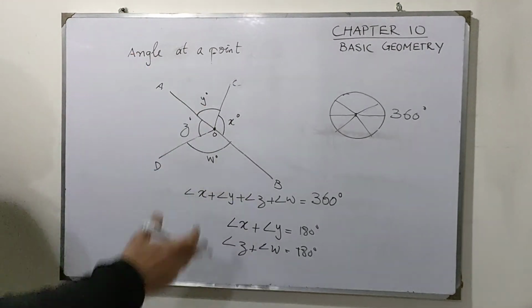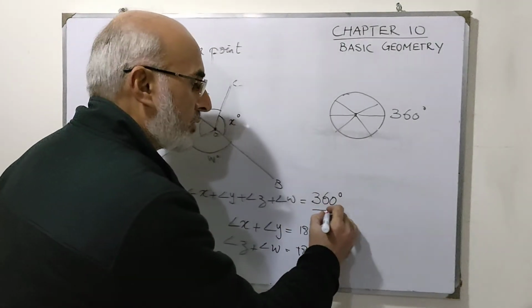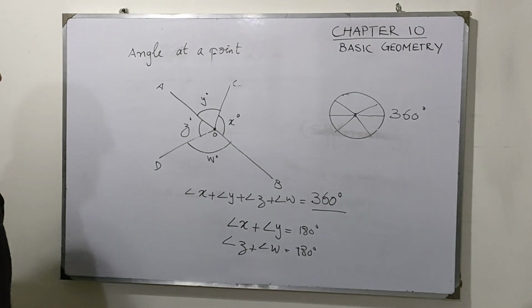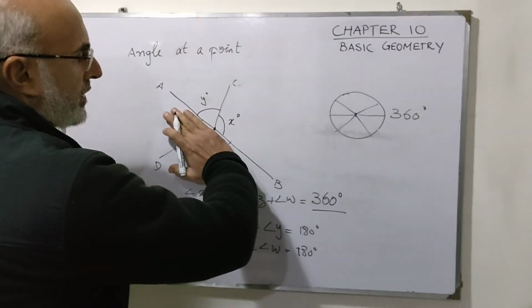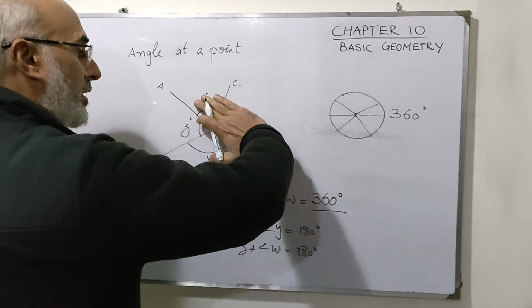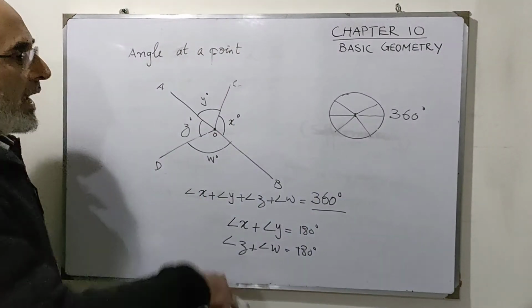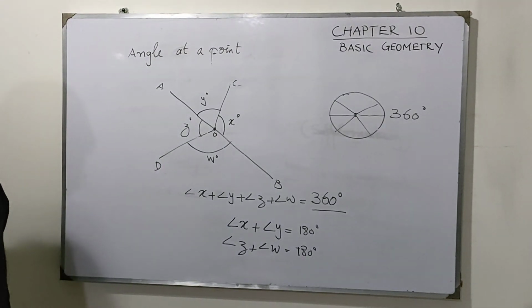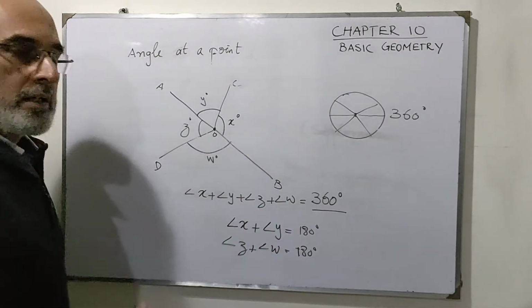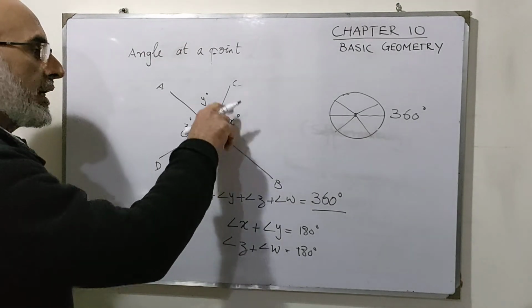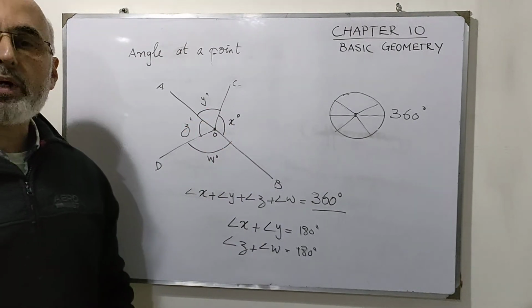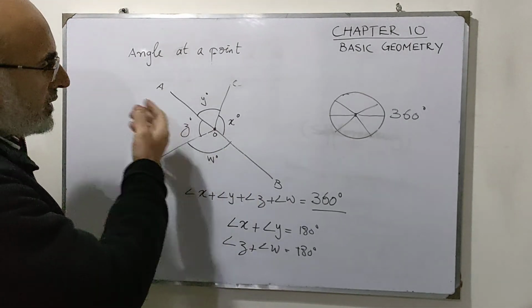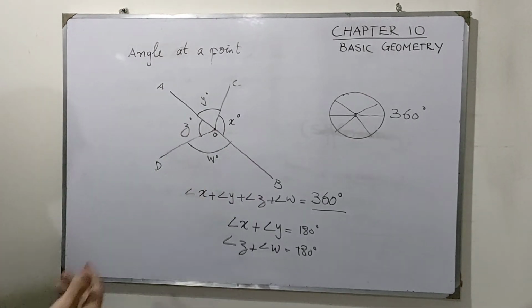So the angle at a point is going to be equal to 360. And now it is clear that if we look at one side of the line, it's 180, and on the other side of the line, it's 180. And if we take it as a circular thing, it's also 360. So it is clear now that the total of angles at a point is 360 degrees. Okay, now let's take this thing a little further.